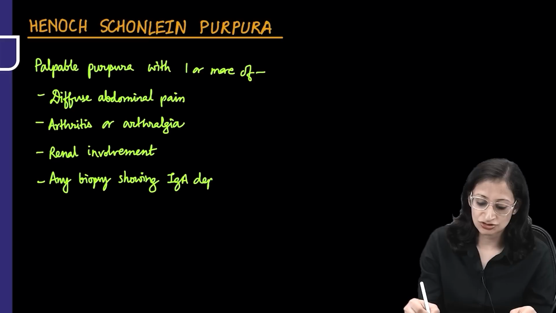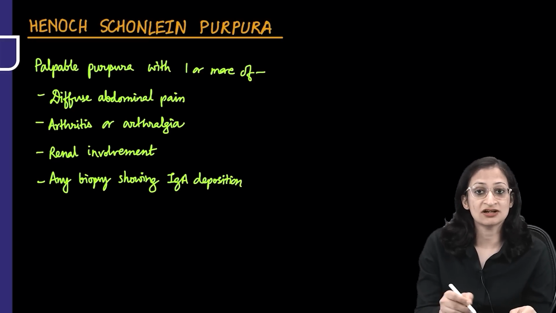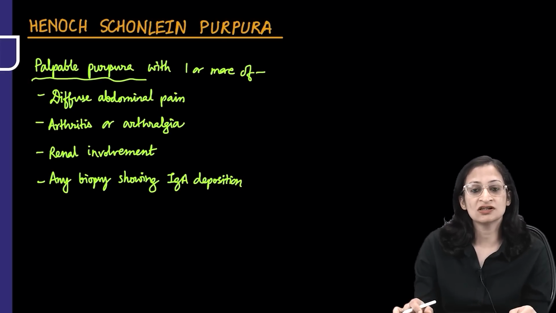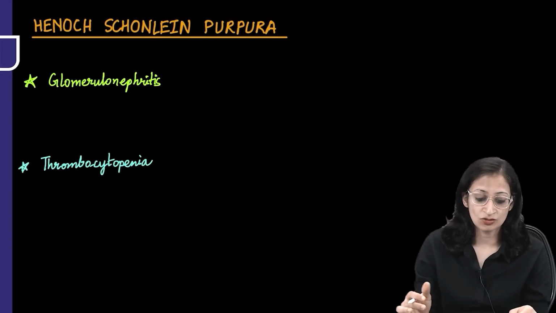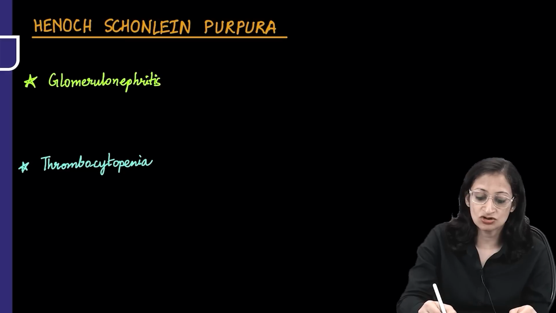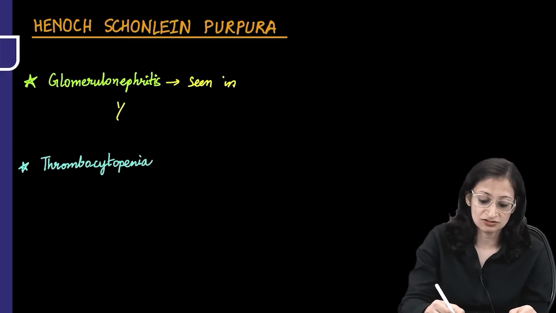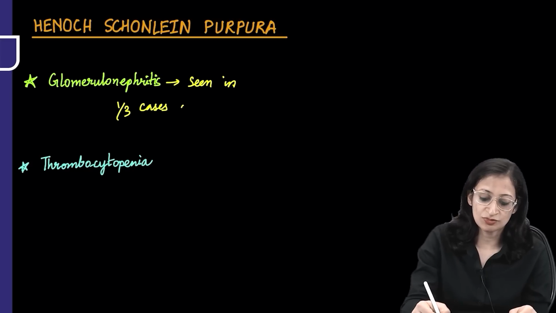So that is the diagnostic criteria for Henoch-Schönlein purpura. It is a clinical diagnosis mainly. And glomerulonephritis is seen in almost 1/3 of cases of Henoch-Schönlein purpura.